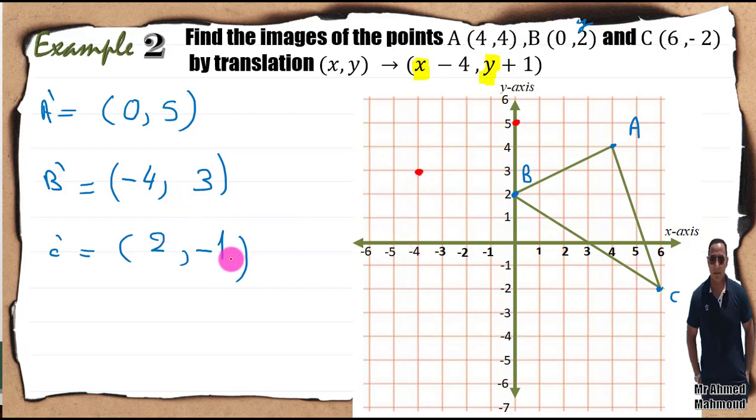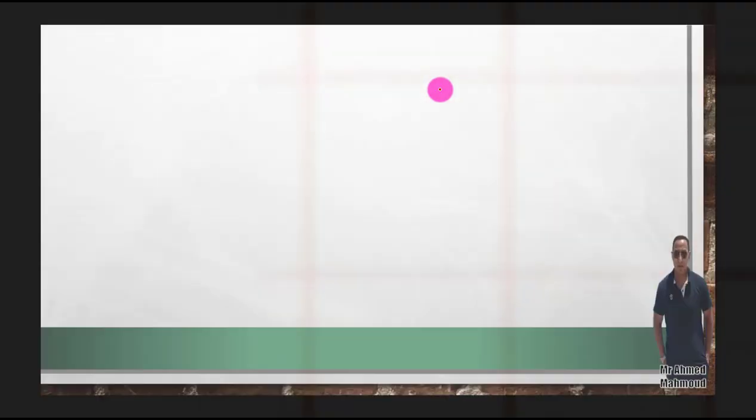C dash, 2 and negative 1, 2 and go down to negative 1. So the triangle finally will be like this. A dash, B dash, C dash is the image of triangle ABC by translation x minus 4 and y plus 1. Okay, another example.